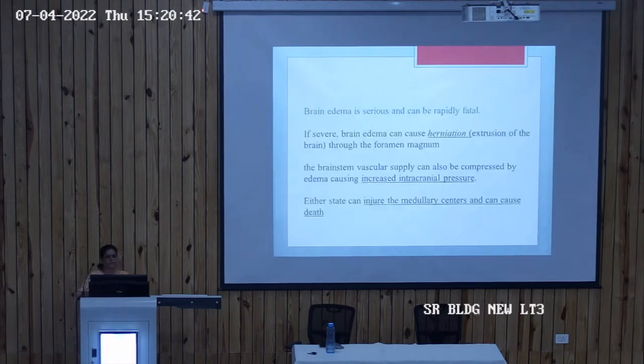Brain edema is serious and can be rapidly fatal. It can cause herniation of the brain through the foramen magnum, and the brainstem vascular supply can also be compressed by edema, causing increased intracranial pressure. In either state, it can also injure the medullary centers and cause death.